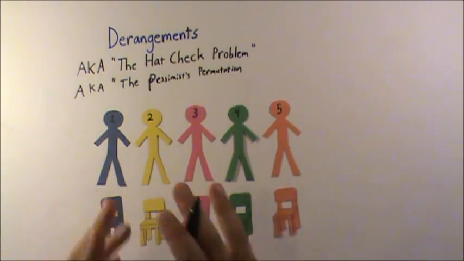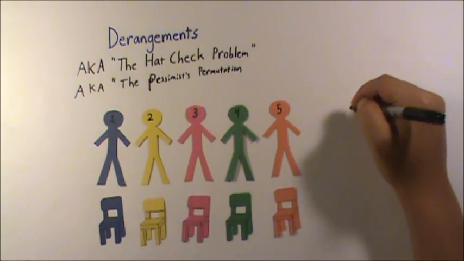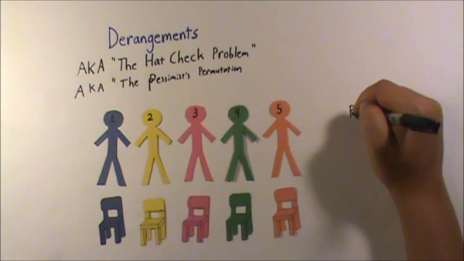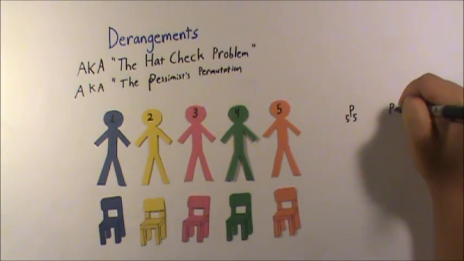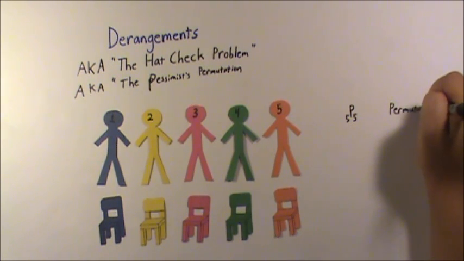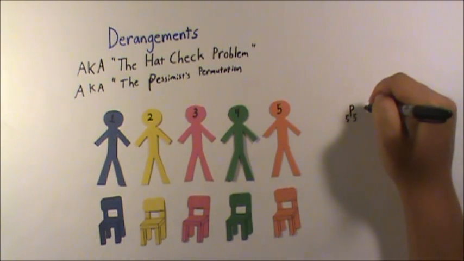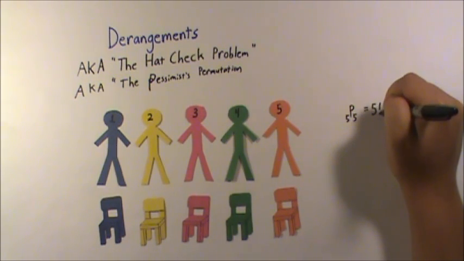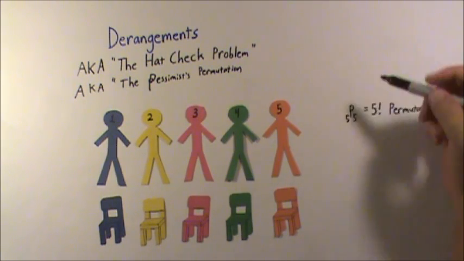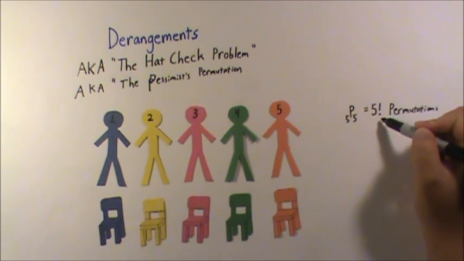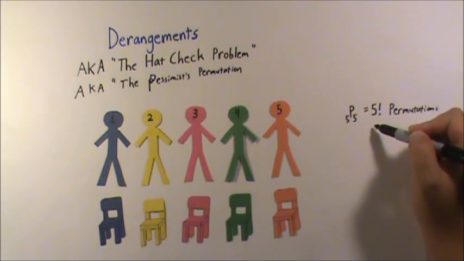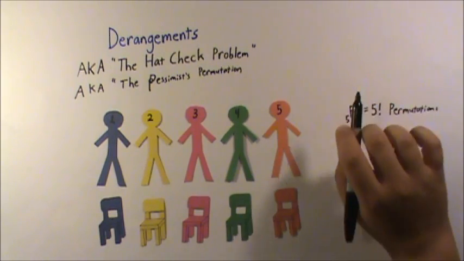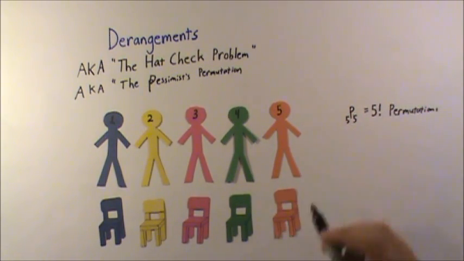That question would just be, how many ways can you permute 5 objects? And we of course know that to solve that we just do 5 factorial. If you're using the permutations formula, there's a little hidden 5 minus 5 factorial below there, but that's just 0 factorial, which is 1. So it doesn't make a difference.